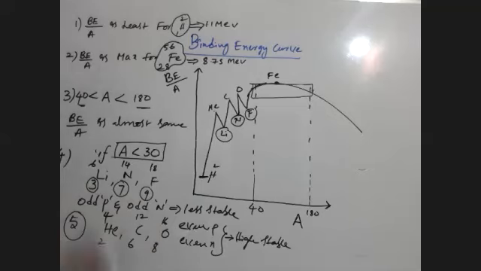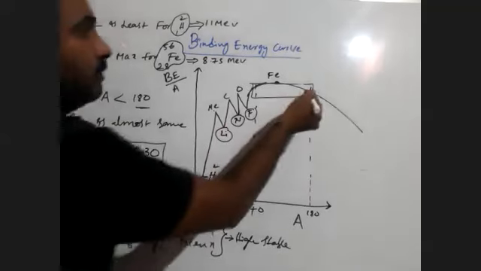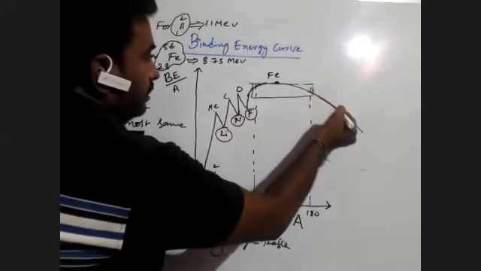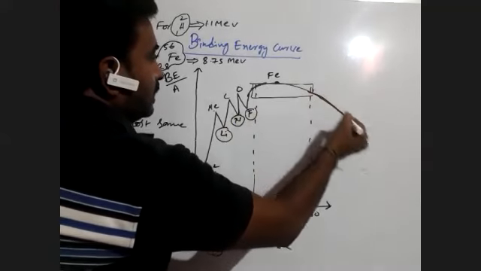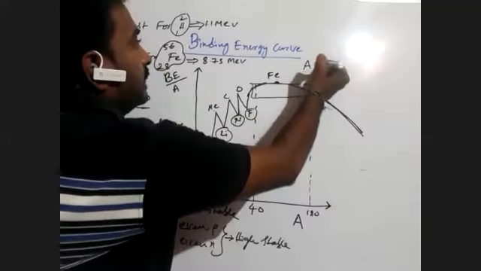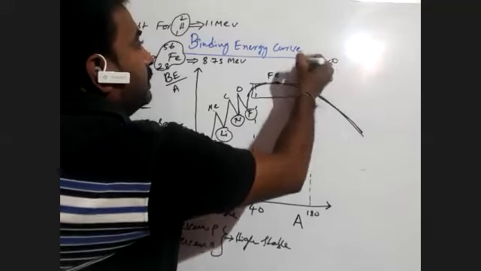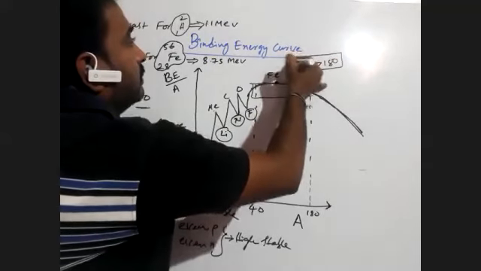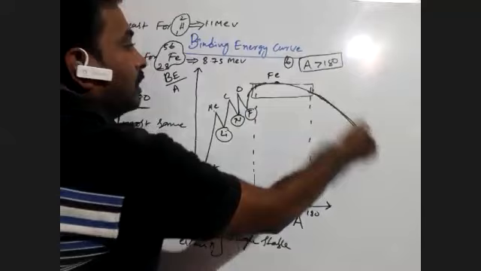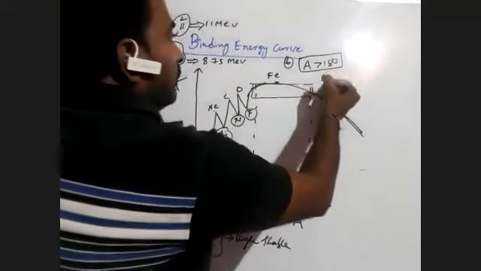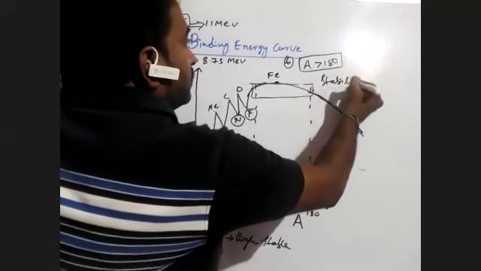And one more thing after this: if mass number is greater than 180, what is happening? The graph is falling drastically. So if A is greater than 180, this is our sixth point, the graph is falling, so the stability of the nucleus will be less.